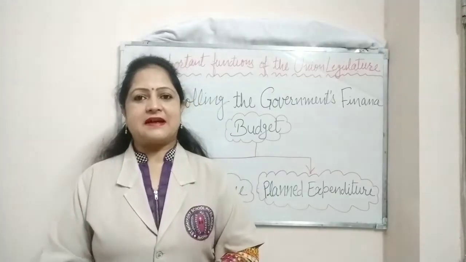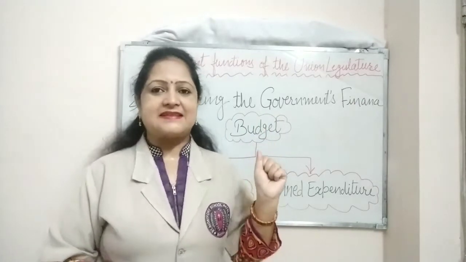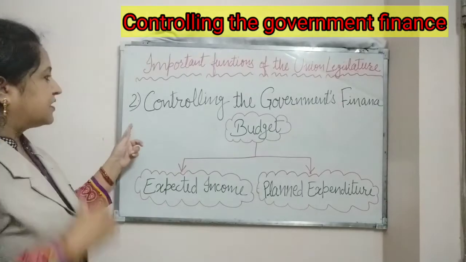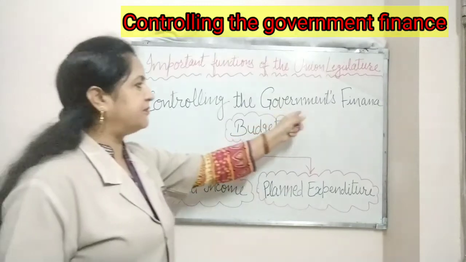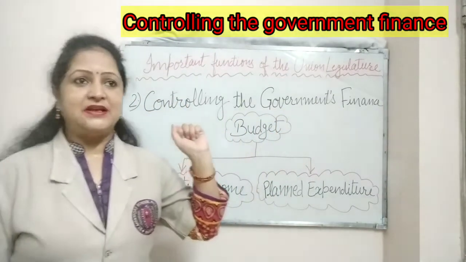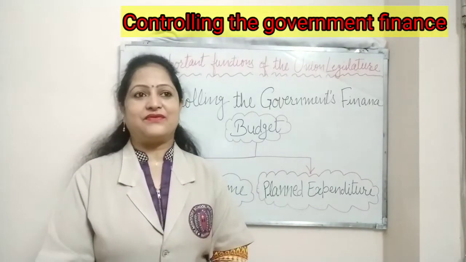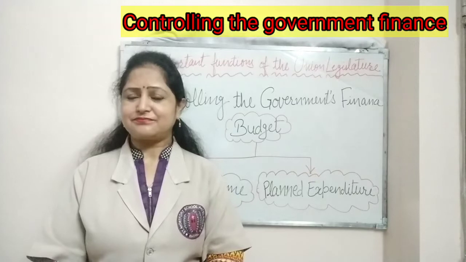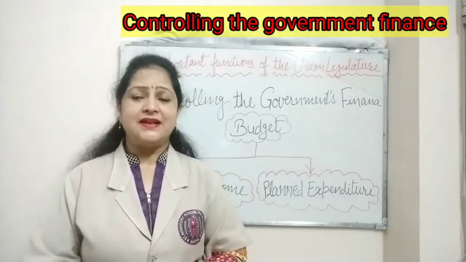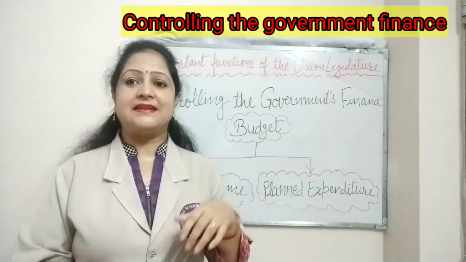So today we will start with the second function of Parliament, and the second function is controlling the government's finance. The Parliament is the custodian of the national purse. What do you mean by custodian here? Custodian means the caretaker, or we can say the guardian.